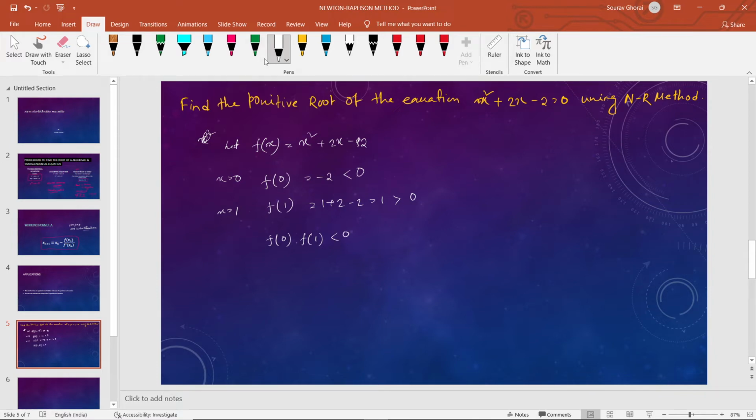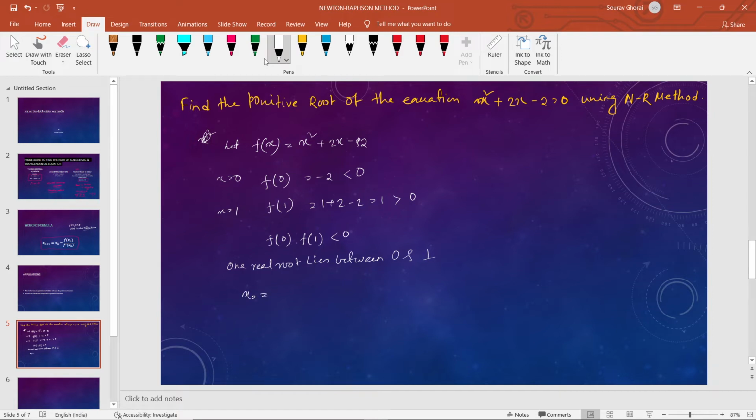So we can say that one real root lies between 0 and 1. In this regard, we can say that our initial approximation here we have to take.